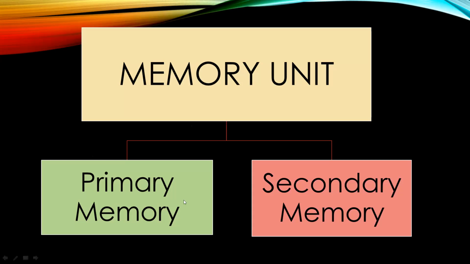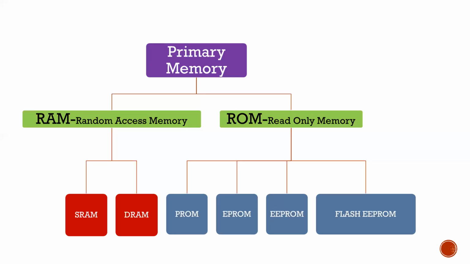Primary is temporary storage and secondary is where we can store data permanently. So the memory unit is divided into two, primary and secondary. Primary memory is mainly divided into two, RAM and ROM. RAM means random access memory. You should know this full form, random access memory, and ROM is read-only memory. You're familiar with RAM and ROM.